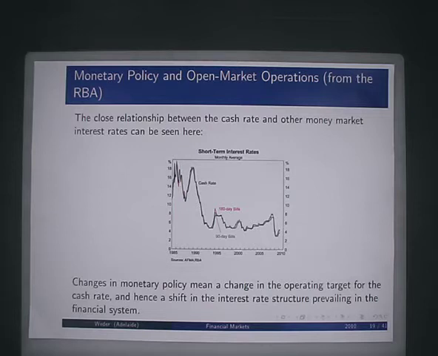This tunnel in the United States is there because the rate kind of went down to 0 and they didn't want to keep it at 0. So they have some tunnel here where they want to keep the federal funds rate in. The Reserve Bank in Australia has a target that is not a tunnel, it's an exact number. Okay, so it could be 425 basis points or something. That's what it's at the moment, and that's what they said.